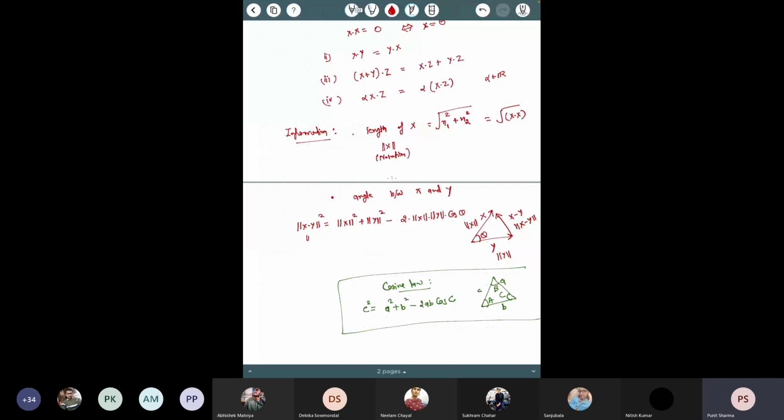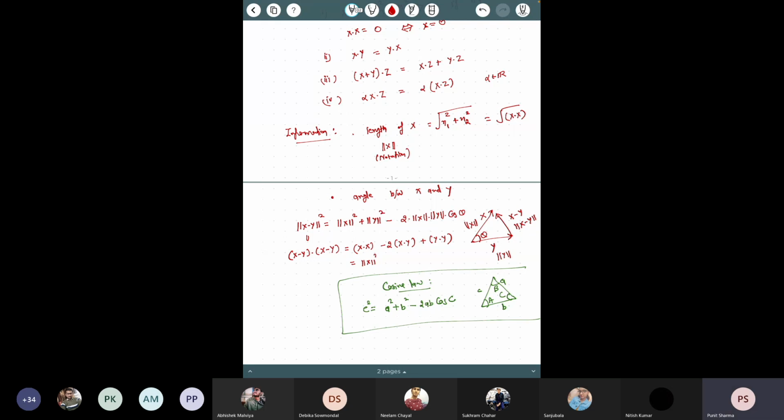Now if you apply the properties of the dot product in R2, you can write this as x dot x minus 2 x dot y plus y dot y. So this is actually length of x squared plus length of y squared minus 2 times the dot product of x with y.